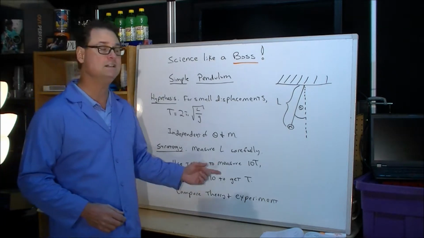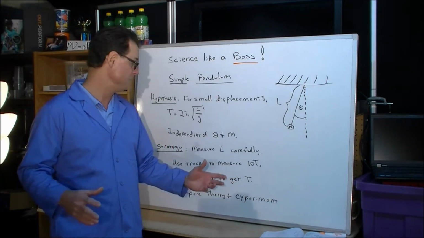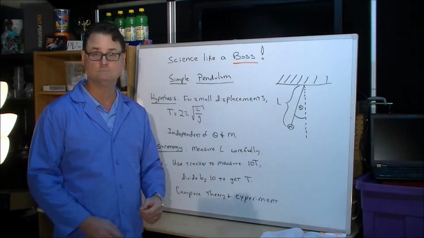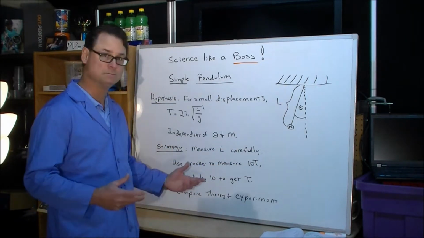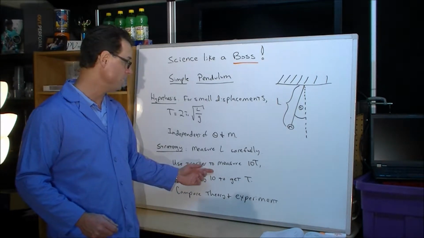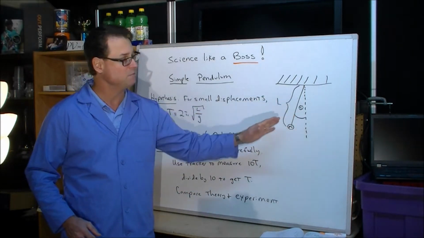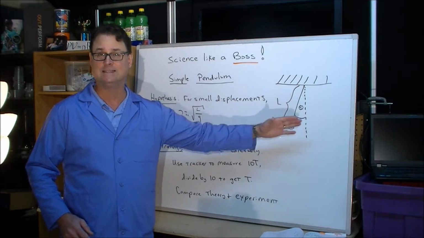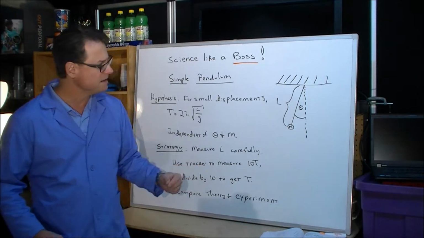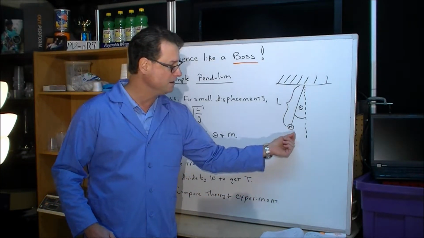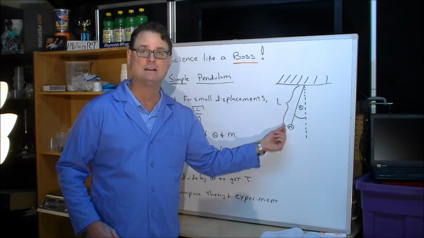Now the strategy is simply to construct a simple pendulum and to measure the length carefully with a meter stick or something functionally equivalent, and to use the Tracker program, well, first to take a video of it swinging back and forth as we count to 10 and allow it at least 10 swings back and forth. And that's an important point. The period is the time it takes for the bob to swing over and back, right?